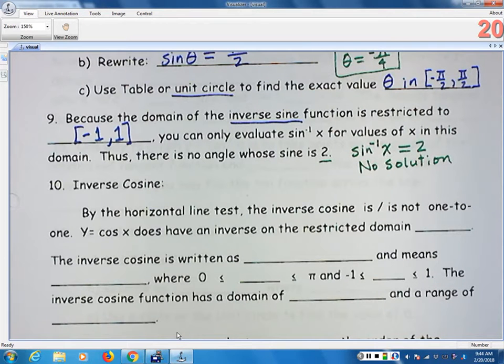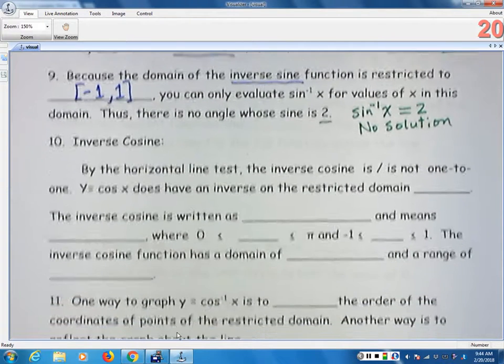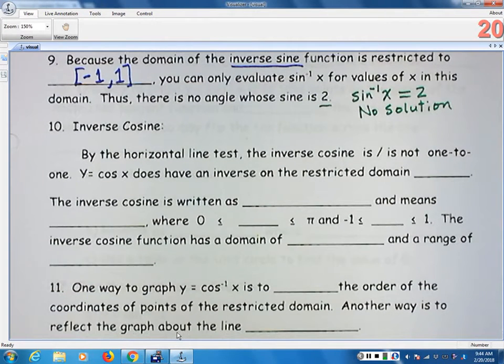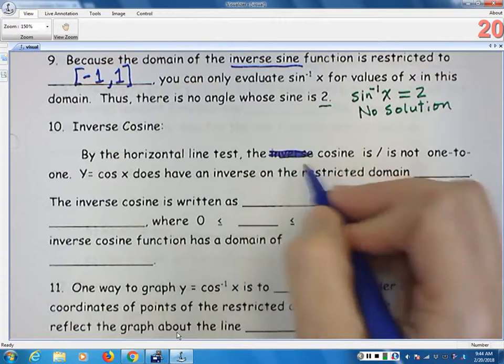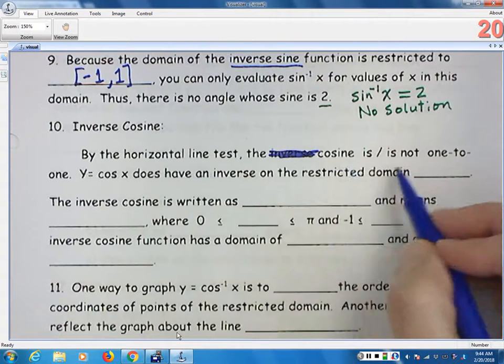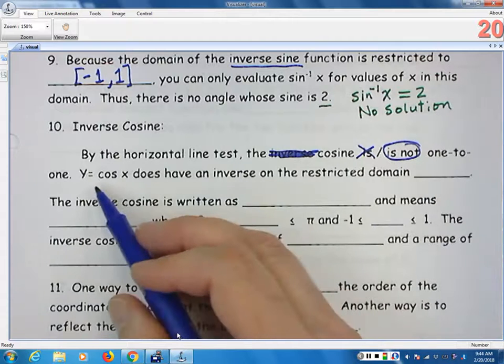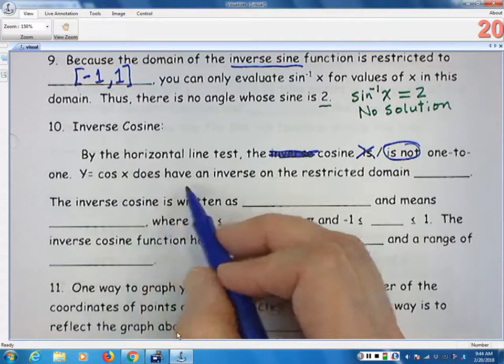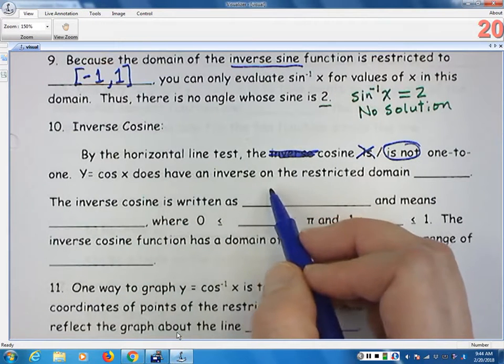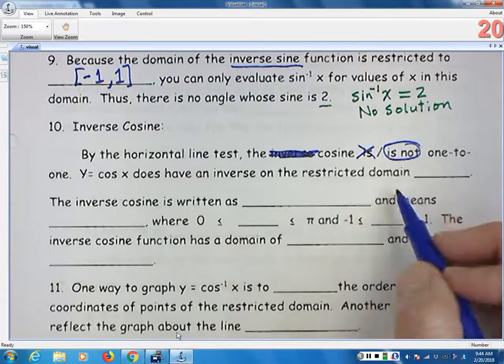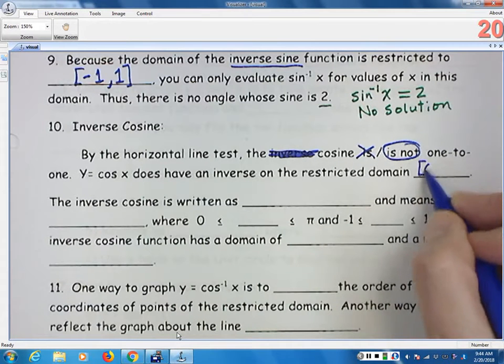All right, and then we're going to do cosine. Again, by the horizontal line test, the cosine function, okay, so there's a mistake in your notes here. The cosine function is not 1-to-1. Y equals cosine x does not have an inverse, but it does have an inverse if we restrict the domain to 0 to pi.